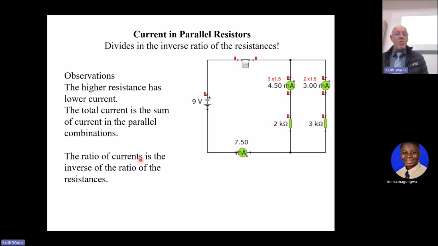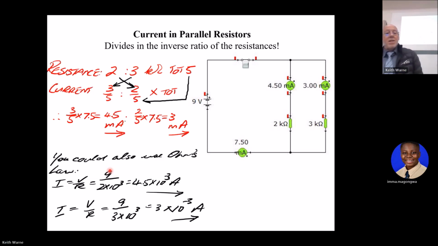So here we're saying the ratio of the currents is the inverse of the ratio of the resistances. Now I want to show you what that looks like in numbers. Okay. So look here. Here's the resistance ratio. The resistance ratio is 2:3. Do you agree? That's kilo ohms. What's the total resistance? It's 5.